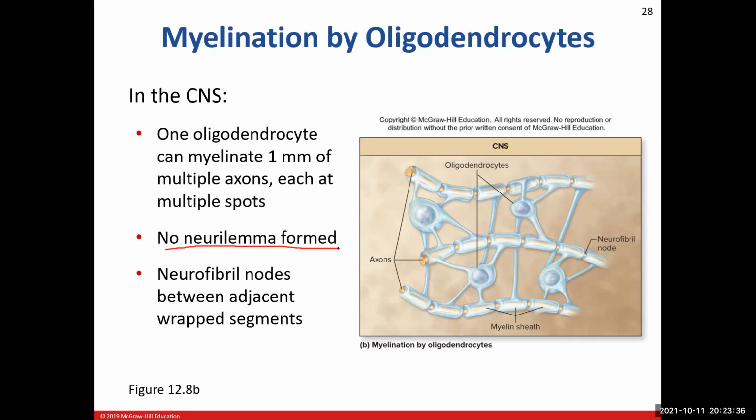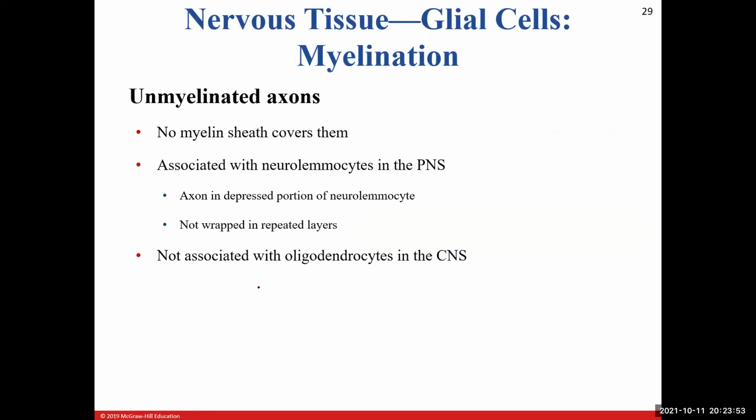The oligodendrocyte just shoots this extension out at it, and it covers the axon with the myelin sheath there. But we will have those neurofibril nodes, just like we saw in the peripheral nervous system. When we're talking about unmyelinated axons, no myelin sheath.